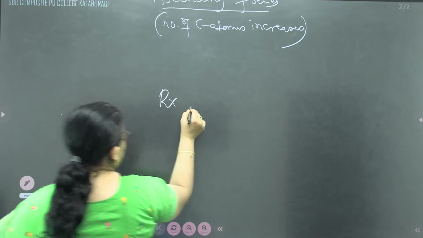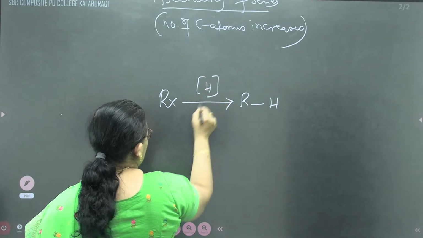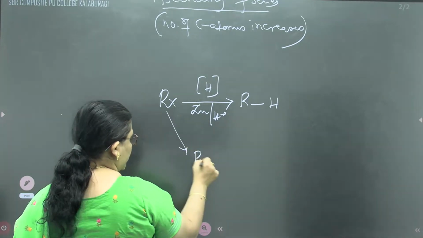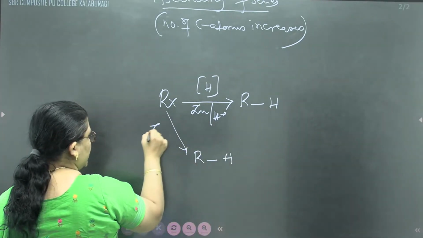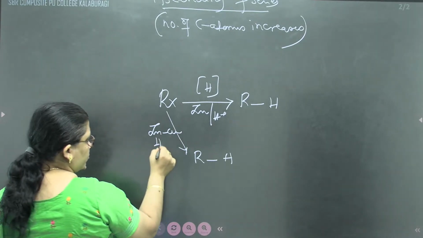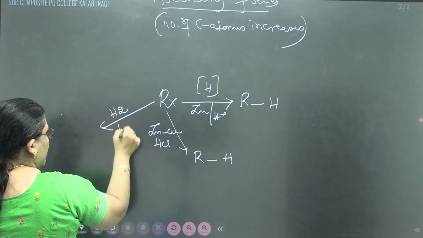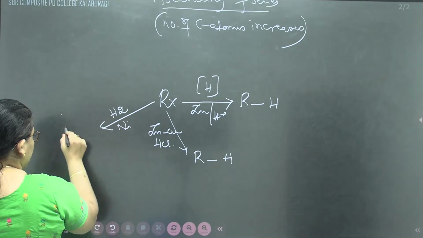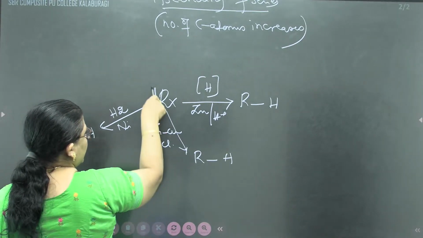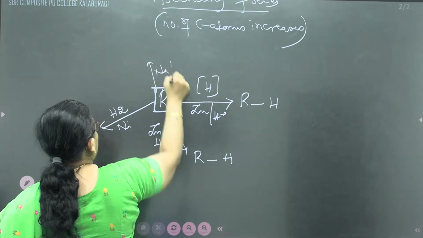Alkyl halide can be converted into hydrocarbon by reduction using zinc and dilute HCl, or by using zinc copper couple in presence of concentrated HCl. Even you can pass hydrogen gas in presence of nickel, platinum or palladium to convert it into hydrocarbon. But the most important is when alkyl halide is treated with sodium metal in dry ether.